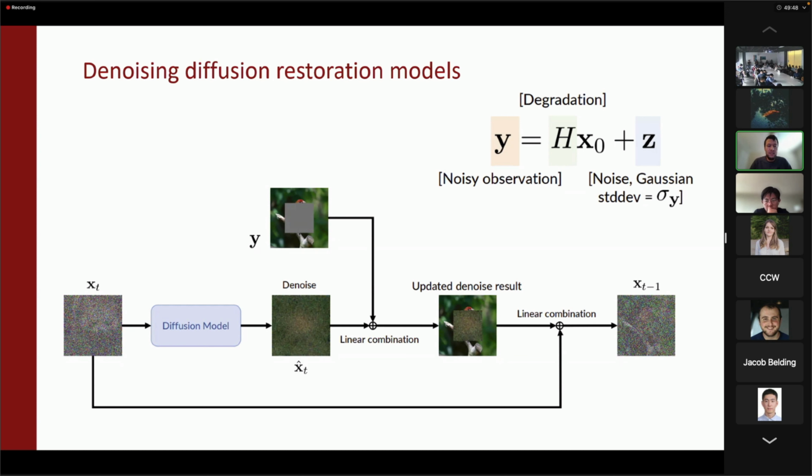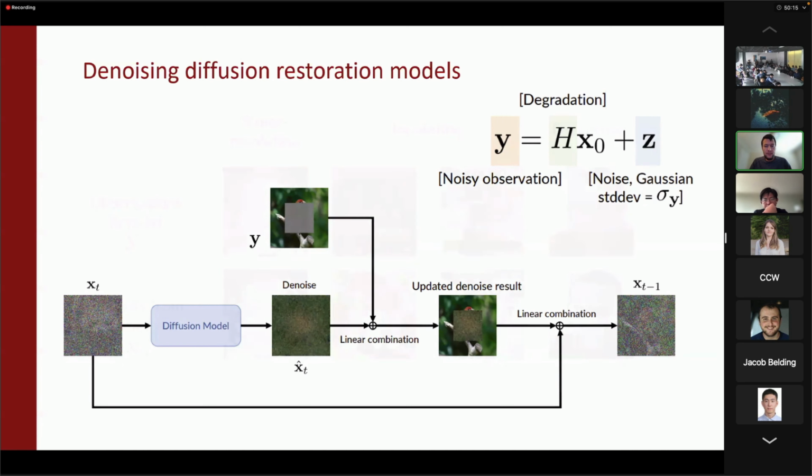So if you are missing the central crop of the image, but you know all the pixels around it, when you use your denoiser, you can just replace all those pixels with the ground truth, and your life is a lot easier. Now, this is only true if you don't have measurement noise, but there are ways to incorporate measurement noise, and you can get some really good results using this technique.